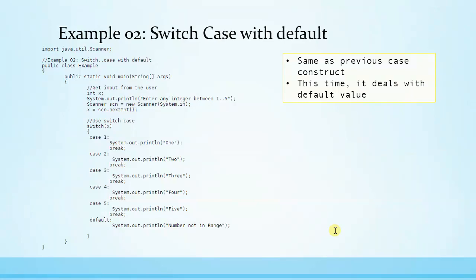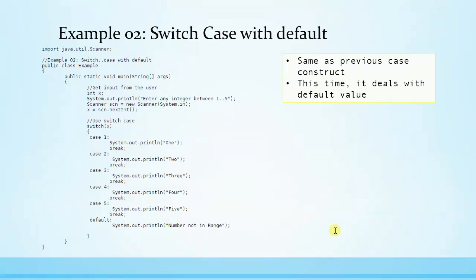If the user enters a number between 1 to 5, then that gets stored in variable x, and then we have case label matching for all the possible numbers between 1 to 5. So if they enter any number between 1 to 5, then the system will display the number spelled out.